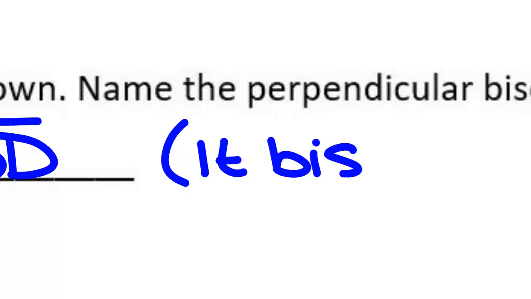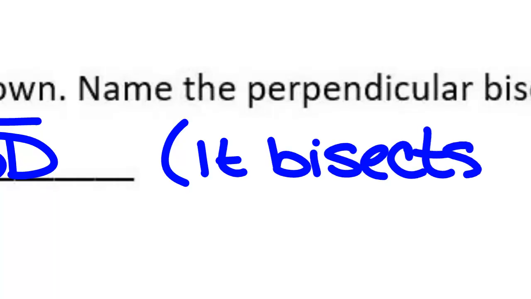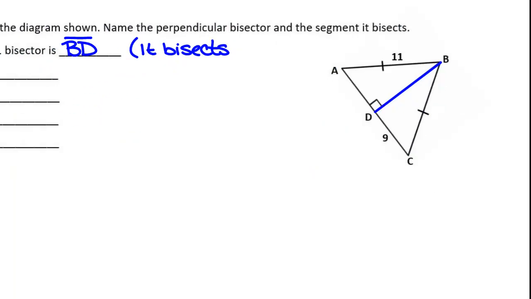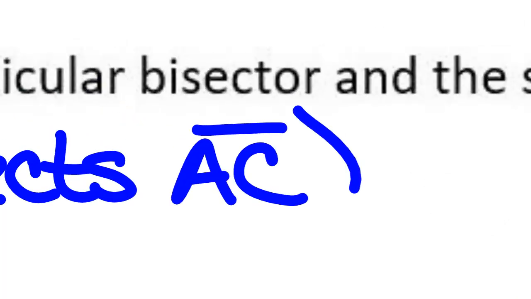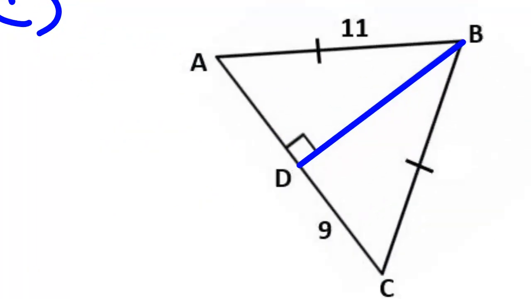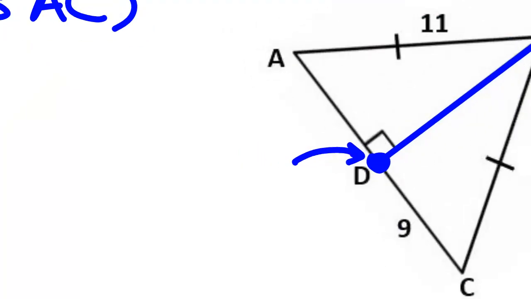It bisects which segment? AC. So that means that D would be what? What would we call that point? That's the midpoint.